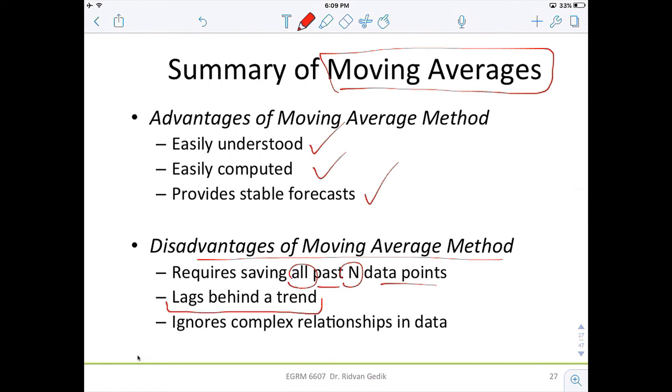It also lags behind the trend. It's really late in responding to the drastic changes in data, so you have to keep this in your mind. And it ignores complex relationships in data. So if you have, say, seasonality or a cycle with a trend, moving average method may not be the best one for you.